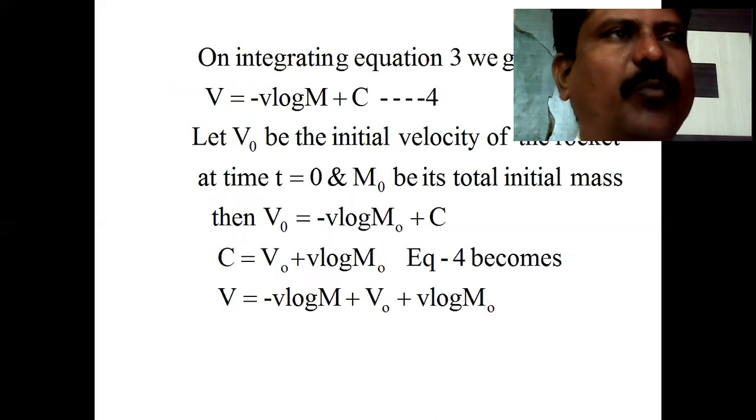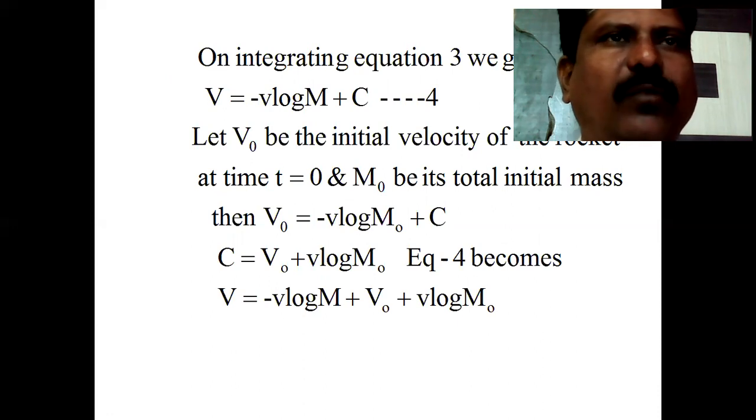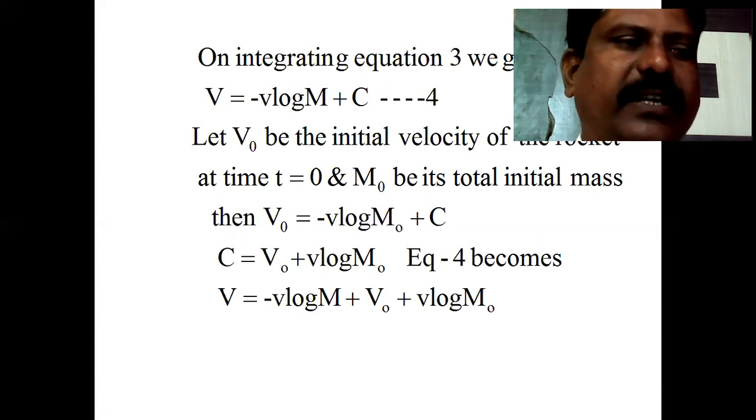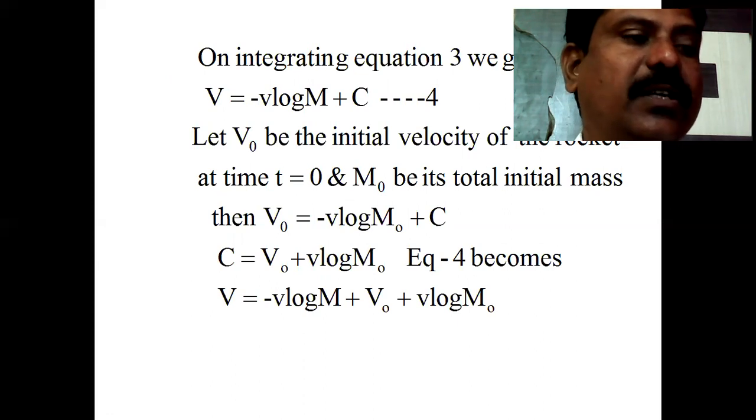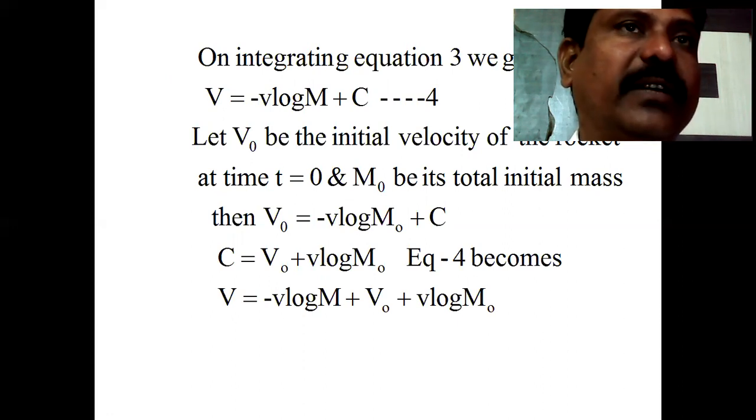So once you obtain the acceleration of the rocket, you can obtain the velocity of the rocket very easily. Here it is noted that the small v is the velocity of the exhaust gas with respect to the rocket, but not with respect to your laboratory frame or the ground.